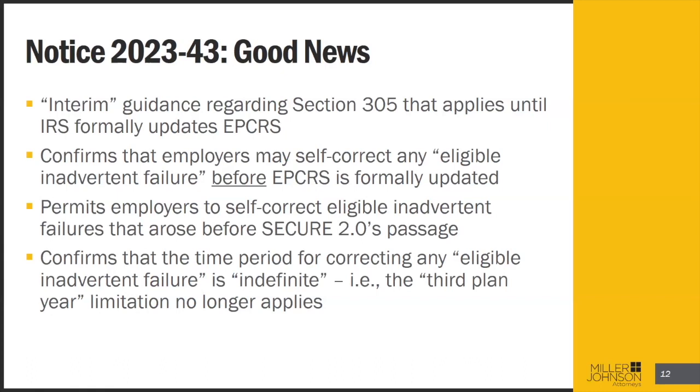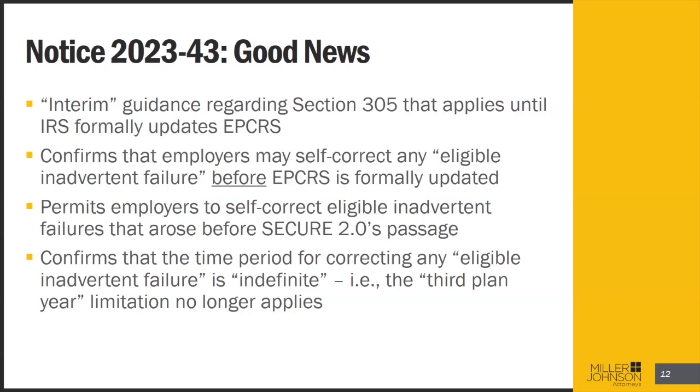Do we have this greater flexibility only for errors that happen in 2023 and beyond, or can we use this new standard for errors that we find out about that may have occurred in years prior to the passage of Secure 2.0? This guidance from the IRS confirms that we can use this expanded correction for errors that arose before Secure 2.0 was passed. So that's a good thing.